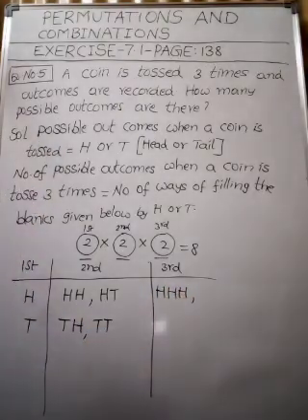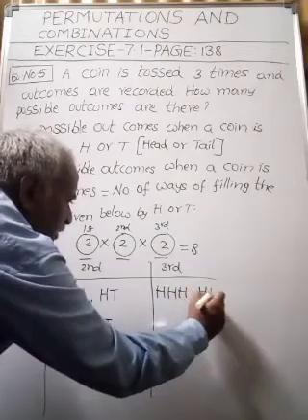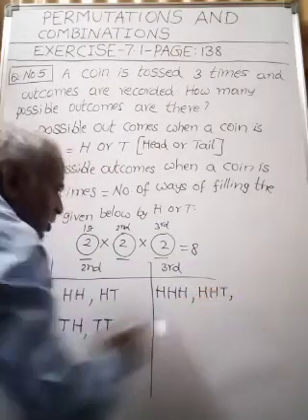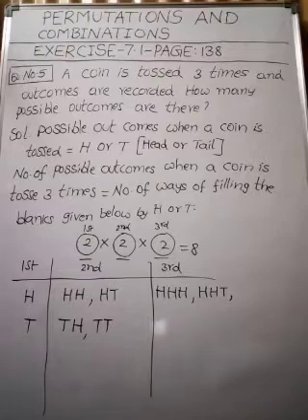3 times heads, or first 2 times head, third time tail. Yes or no, my children?